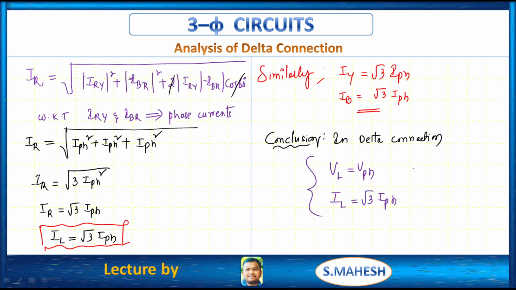In case of star connection, IL is equals to I phase, VL equals to root 3 V phase. There line voltage leads phase voltage by 30 degrees. Here line current lags phase current by 30 degrees. This is the observation from this delta analysis.